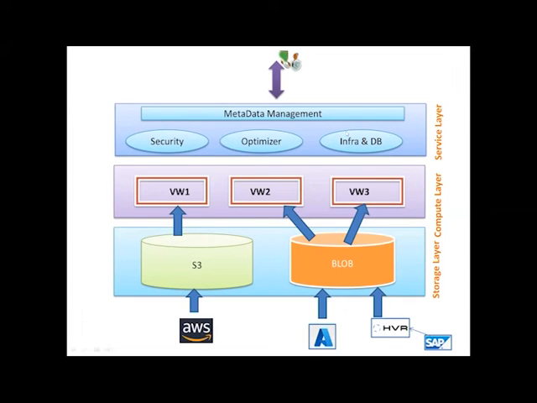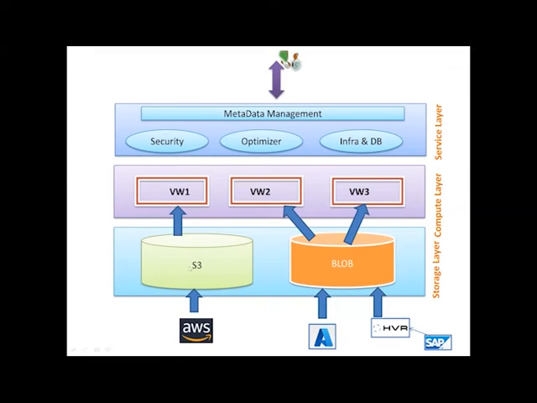Whenever users want to retrieve some information, when they trigger a query, the query comes into the service layer. The service layer will look at what exactly the scenario is, what they are looking for, and retrieve it from virtual warehouse 1, 2, or 3.